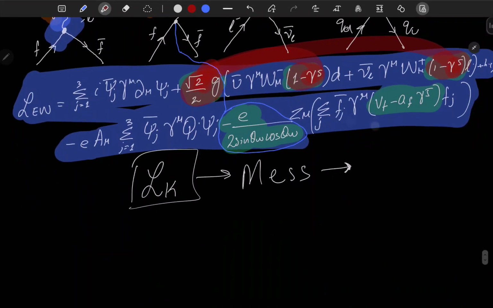Okay, so W couples two particles of the same doublet, whether they are quarks or leptons. What does that mean? It cannot couple, let's say, the up type of quark with the down type of lepton.